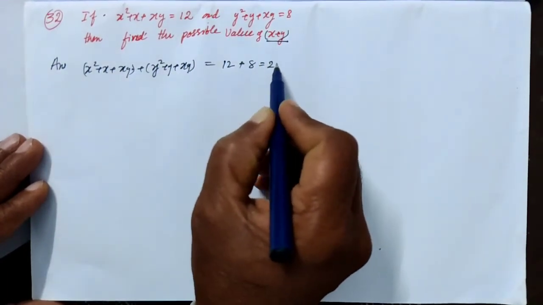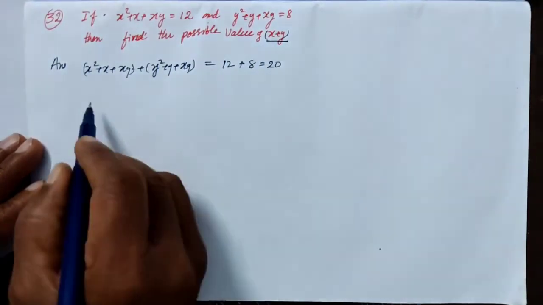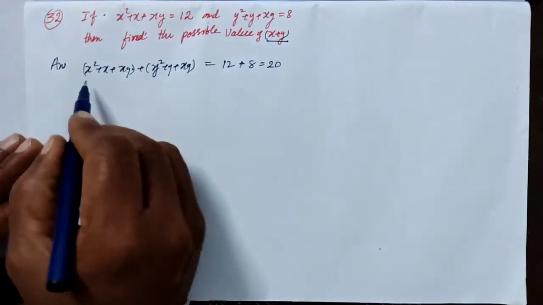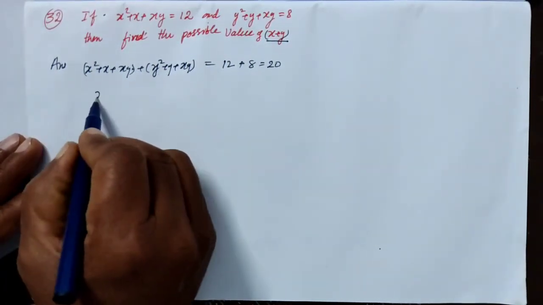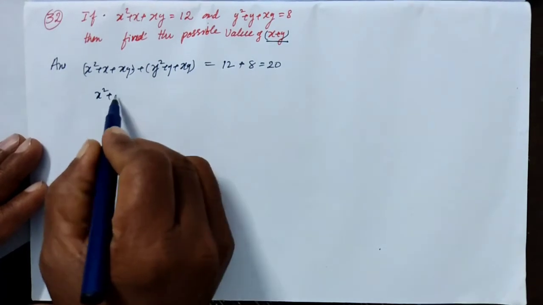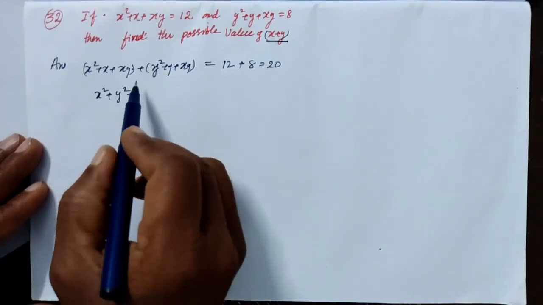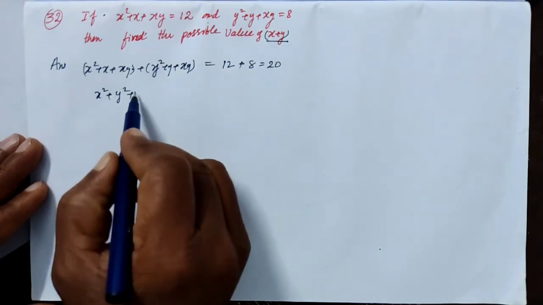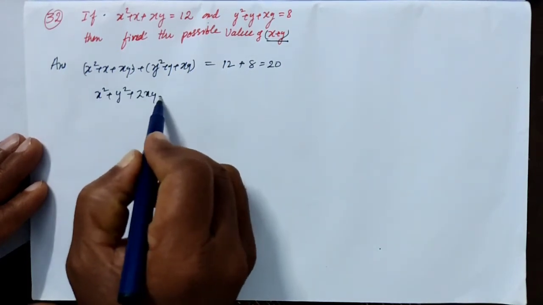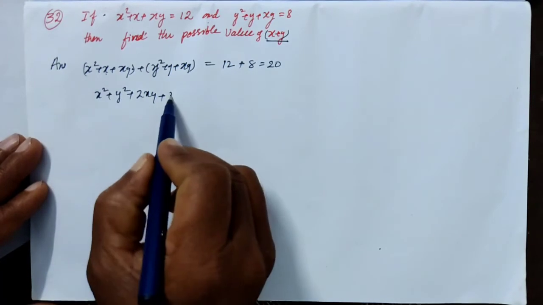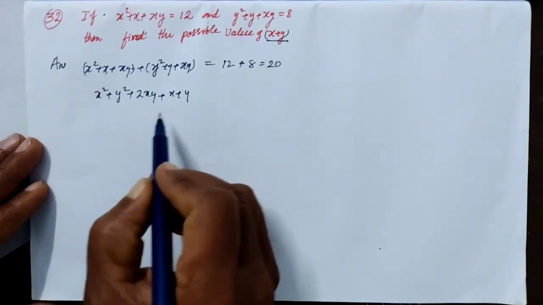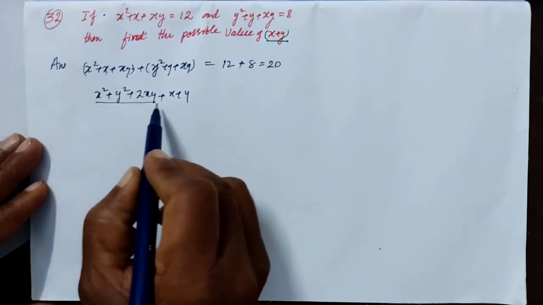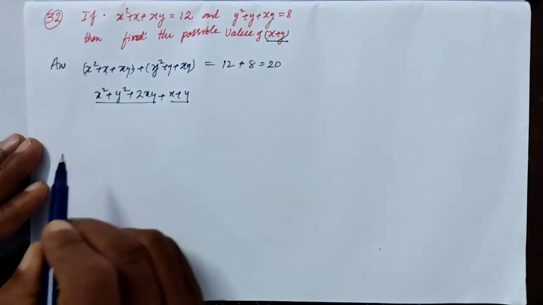So it is 20. 12 plus 8 is equal to 20. Now add these two. So x square plus y square plus 2xy plus x plus y. So consider these three terms and these two terms.